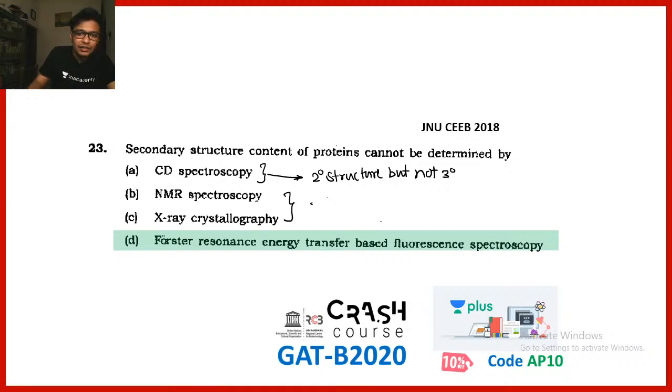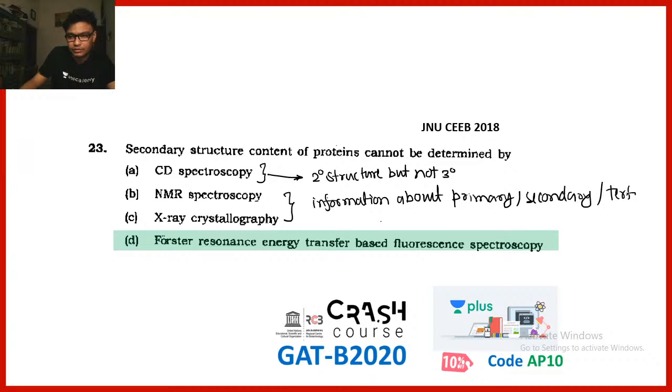Now, NMR and X-ray crystallography can give you information about primary, secondary, and tertiary structures. All of these structures it can give information about.